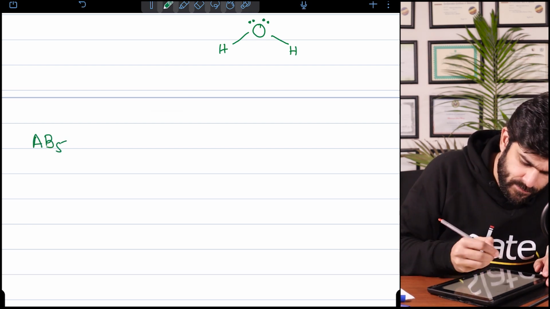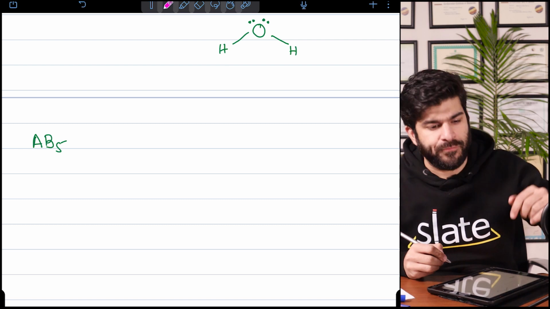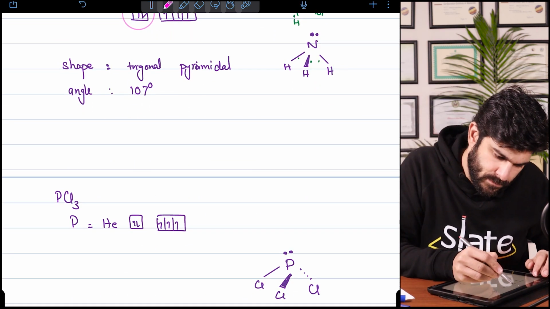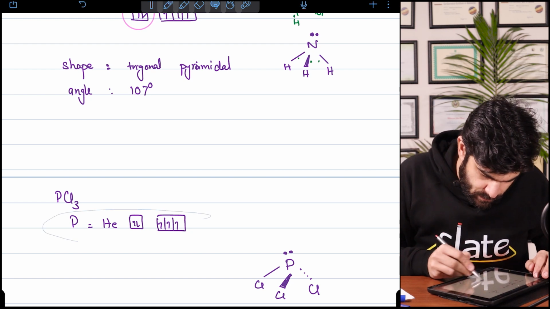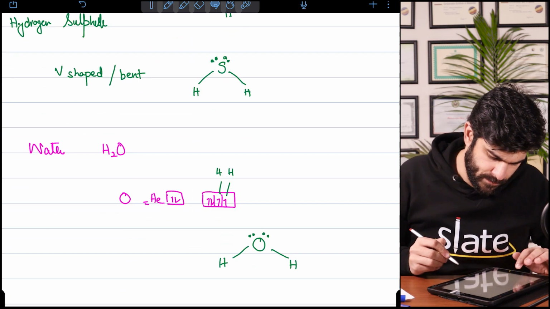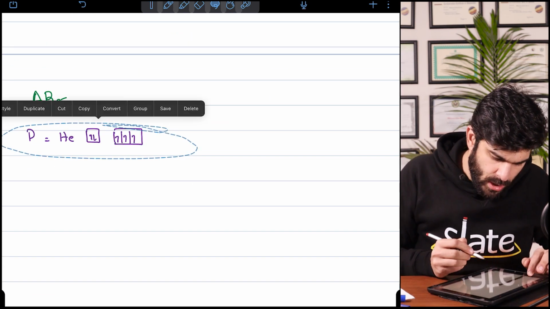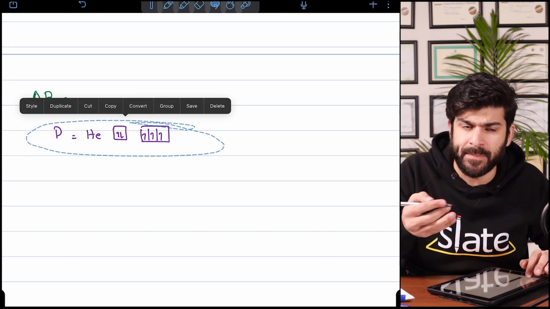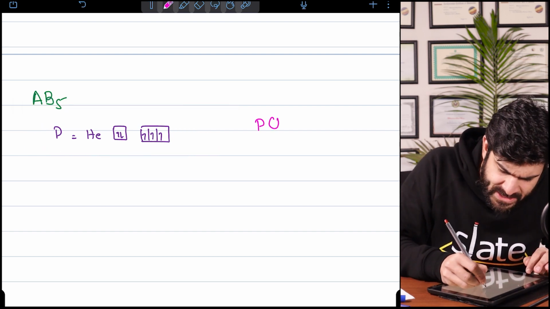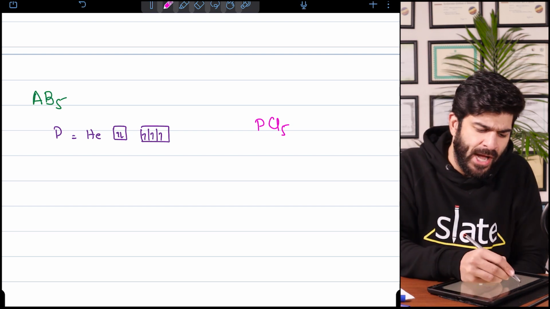AB5. For that, let's call our friend phosphorus back. So phosphorus here made PCl3. Remember, phosphorus also makes PH3, PH5. And similarly, phosphorus will also make PCl5. So it needs 5 bonds.